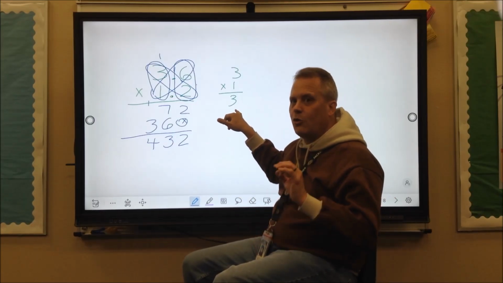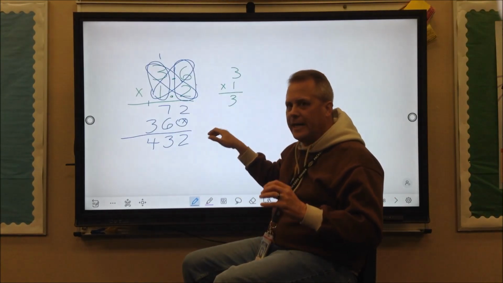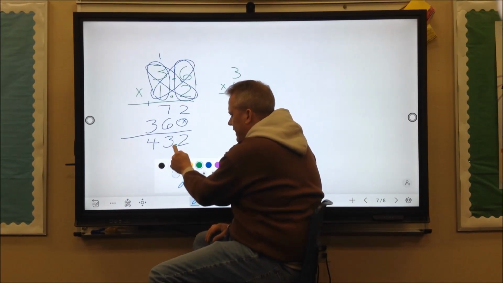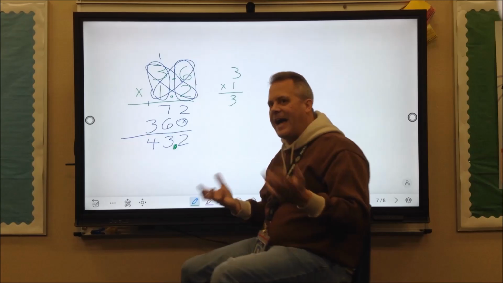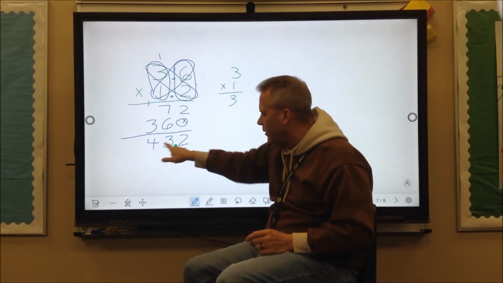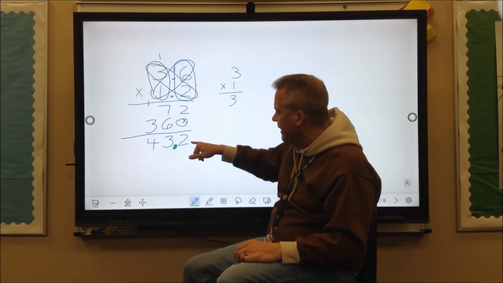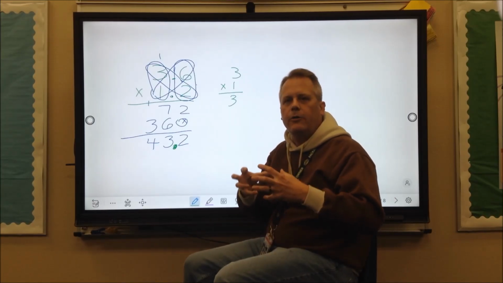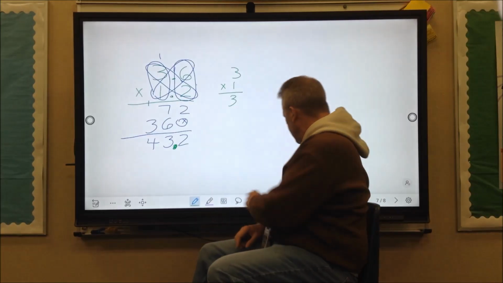My answer is going to be close to 3. So if I put the decimal here, that's not close to 3. 43 is not close to 3. And also this says 2/10 when I know that I need hundredths.